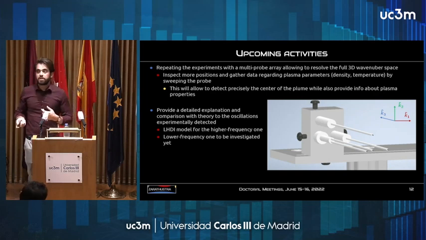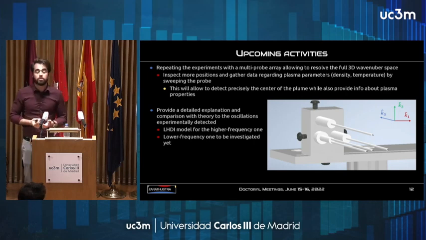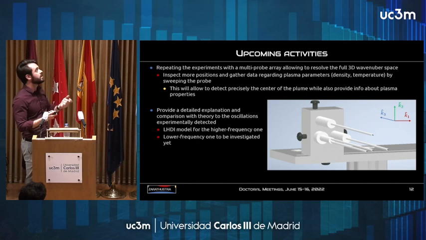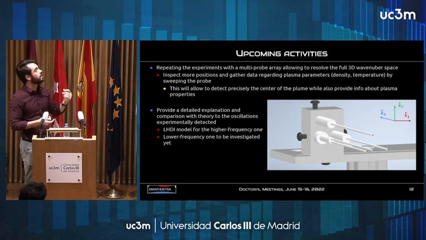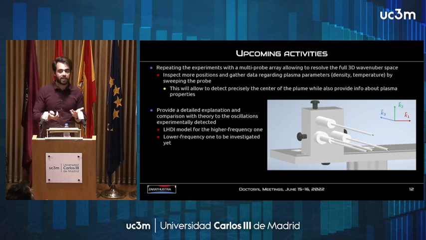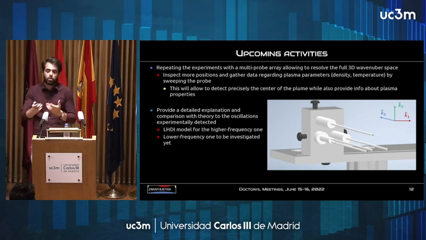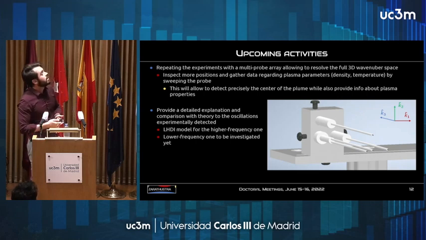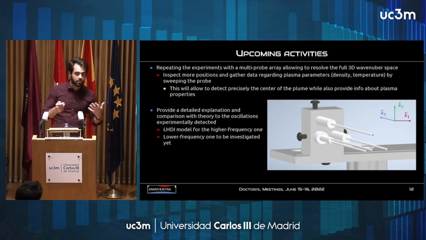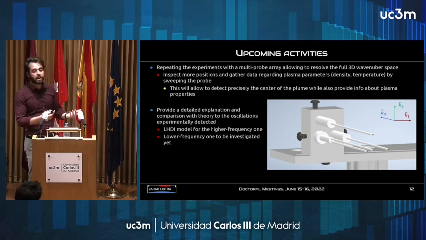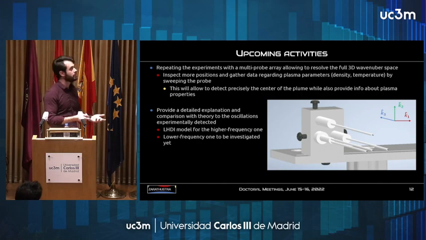We will also run other experiments by collecting plasma properties, such as density and temperature, so that you can see how the plasma is behaving, or also tell where the center of the plume is exactly, because usually you say it's more or less in the center, but it can be a little bit tilted. And again, we also have to complete the literature review in order to frame these oscillations in a physical way, so that we can explain what's going on and say what these things are for real.